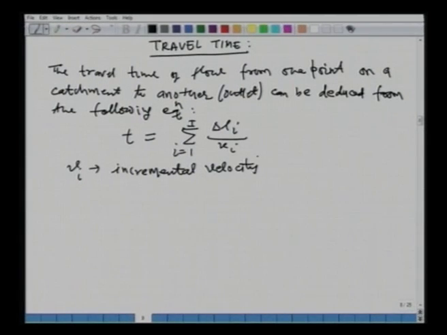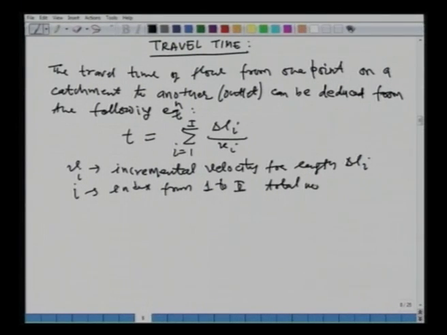Vi is the incremental velocity for length delta Li, and i is an index from 1 to I, that is capital I, representing the total number of increments.